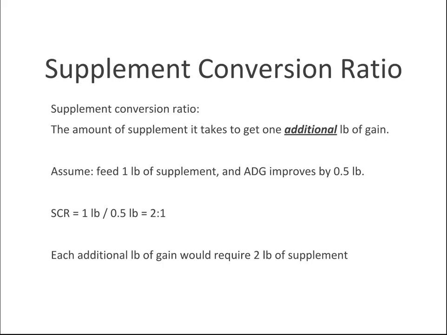Supplement conversion ratio is simply 1 pound of supplement divided by 1/2 pound of additional gain. So the supplement conversion ratio is 2 to 1. Said another way, for this scenario, each additional pound of body weight gain would require 2 pounds of supplement. It is a simple calculation once you understand what you're trying to do. If you need to, back up and review these slides until the concept becomes clear.